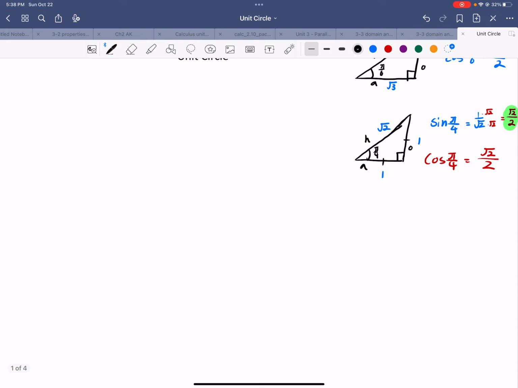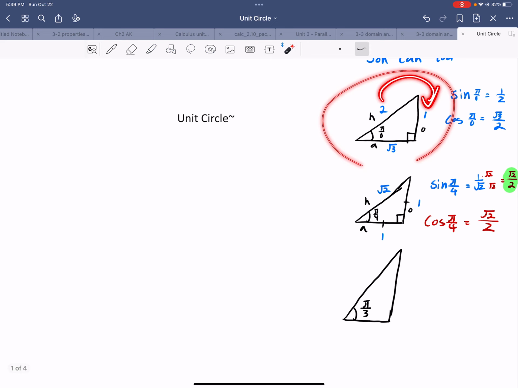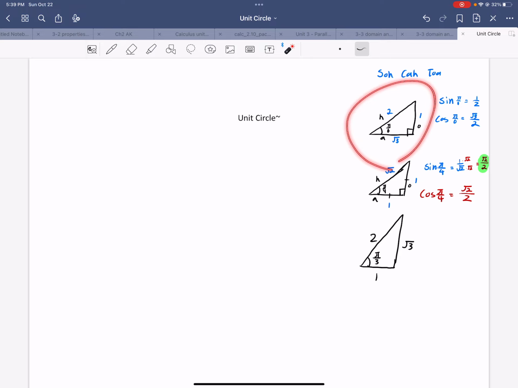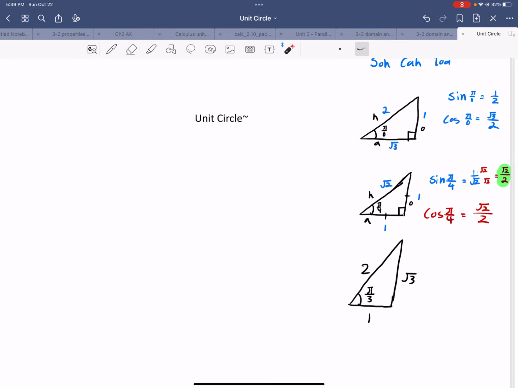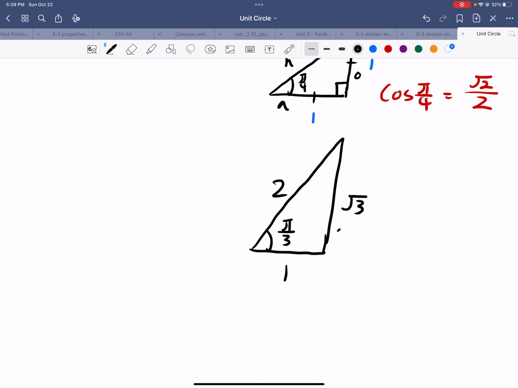The last triangle that you're going to see is another right triangle that has a 60 degree angle, which is pi over 3. This one is just like the first one, but flipped, which means the short side is 1, the longer side is square root of 3, and the hypotenuse is 2. As you can see, it's kind of the same thing. Therefore, sine and cosine are just reversed, because here the opposite and adjacent sides swap.